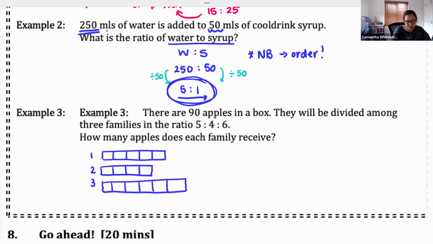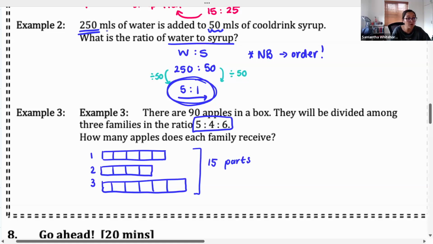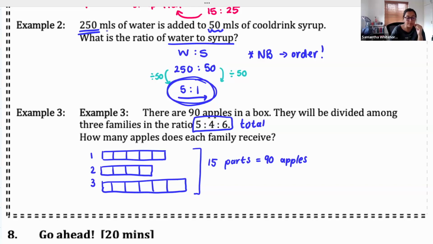So if we go and count the number of blocks, or if you just add up the numbers in your ratio, you get 15 parts. Now, those 15 parts represent all of the apples that I have. So it represents 90 apples. And this is essentially what you now need to start doing with a ratio. You need to find the total of the numbers in your ratio, and that's going to help us figure out how many apples each person gets.